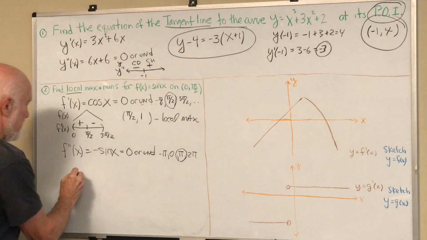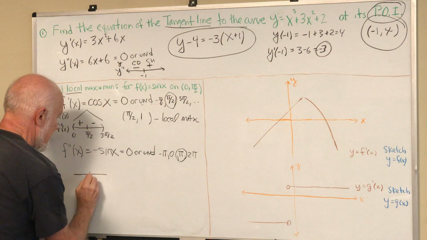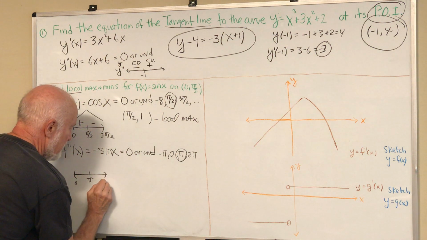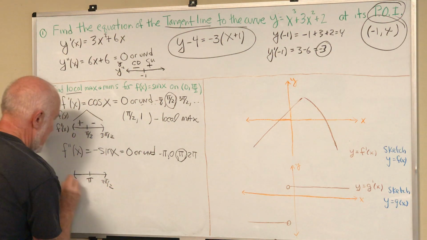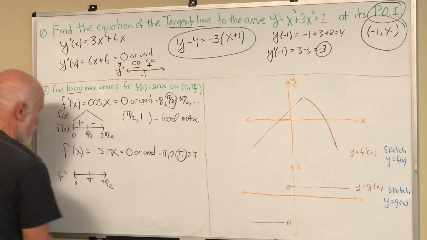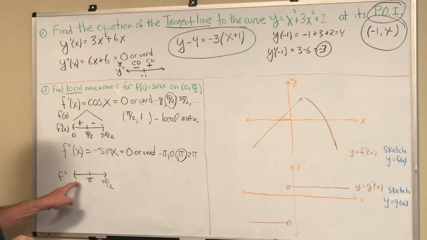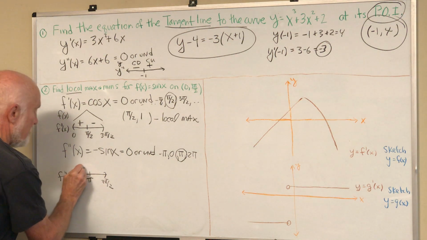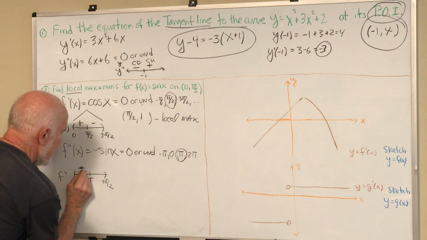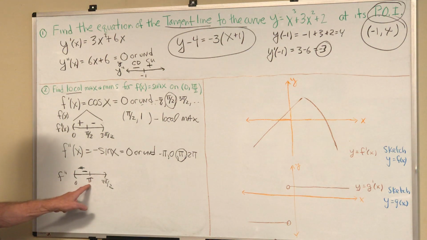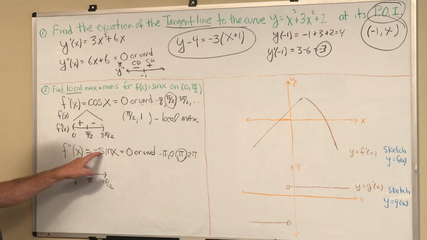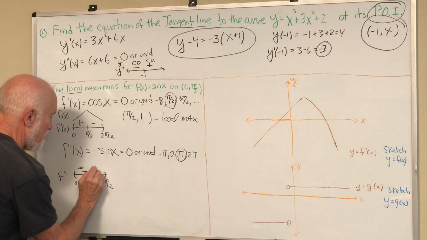So, if we put that pi on the number line from 0 to 3 pi over 2, and call this the second derivative, we know from 0 to pi the sine is positive, so minus the sine is going to be negative. And then once you get past pi, the sine becomes negative, so the second derivative is positive.